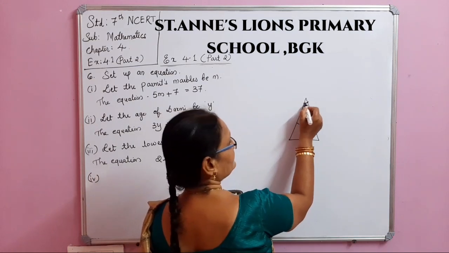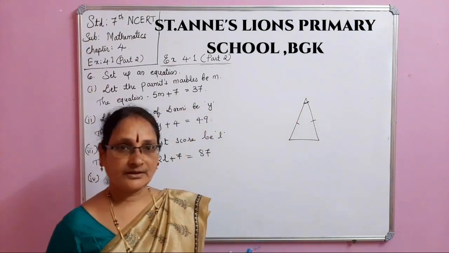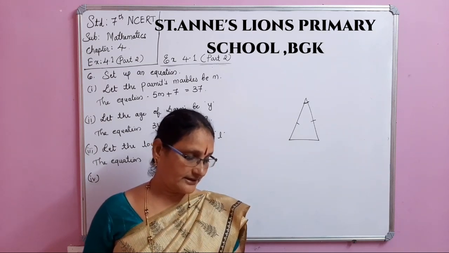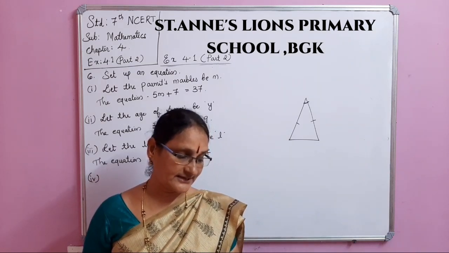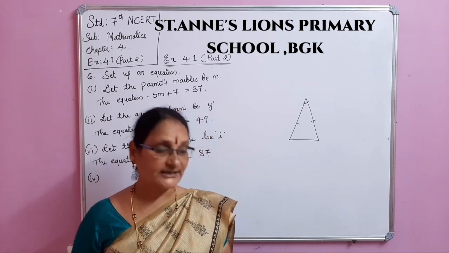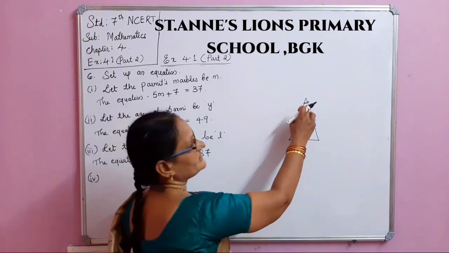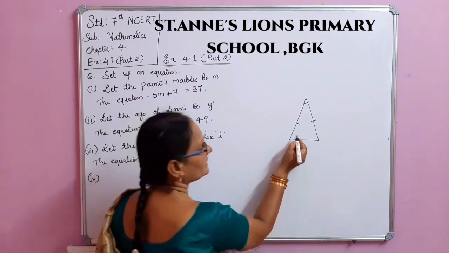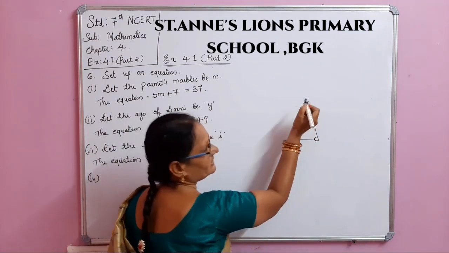See, this is called the vertex angle. This is double of these two angles. These two are base angles and this is vertex angle.